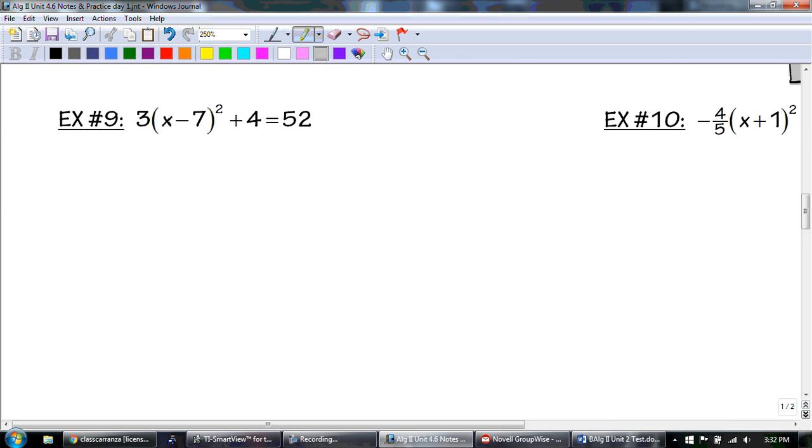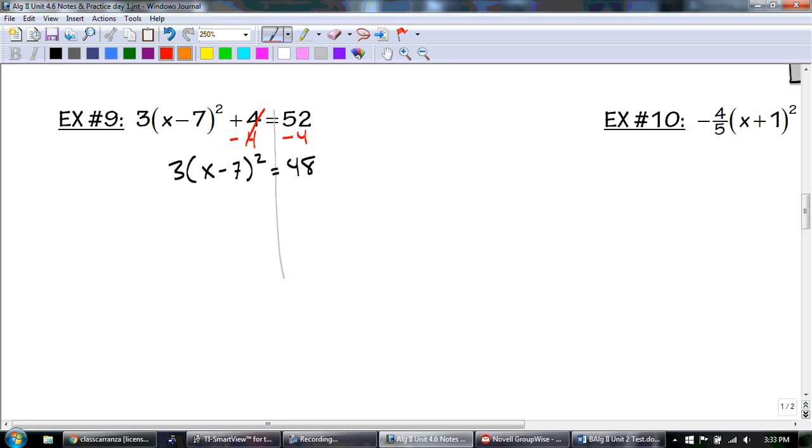All right, number 9. Okay, cancel addition or subtraction first, so I'm subtracting 4 from each side, and we get 3 times (x - 7)² = 48. And then do you guys want to see if you can solve it from here?